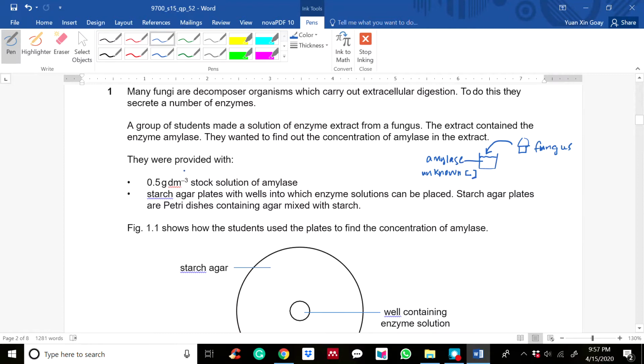Students were provided with a known amylase concentration that serves as stock solution. The concentration is 0.5 gram per decimeter cube. They were also provided with starch agar plates, with valves into which enzyme solutions can be placed. Starch agar plates are petri dishes containing agar mixed with starch.